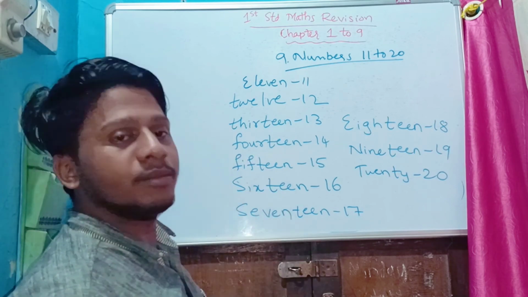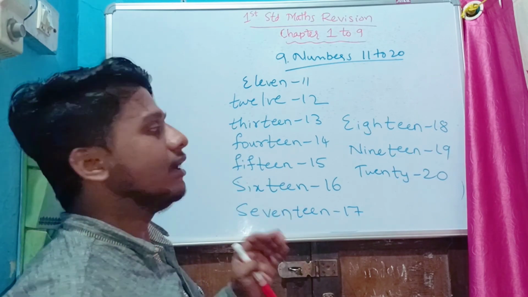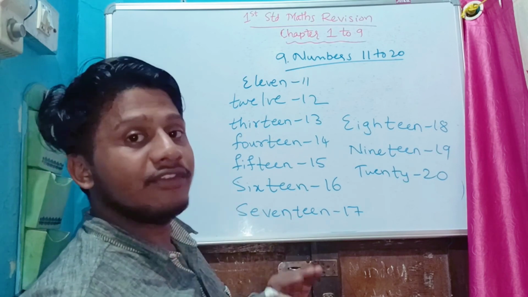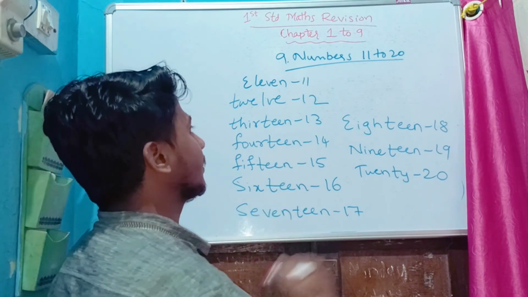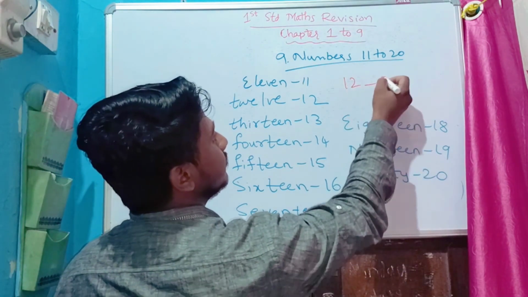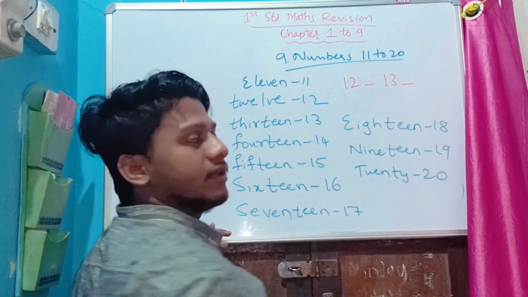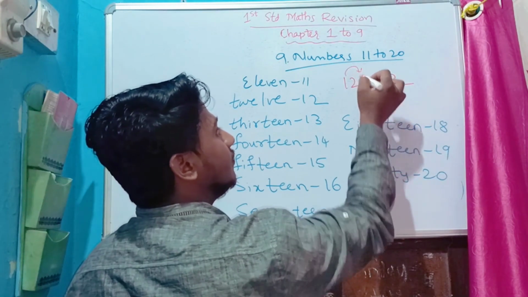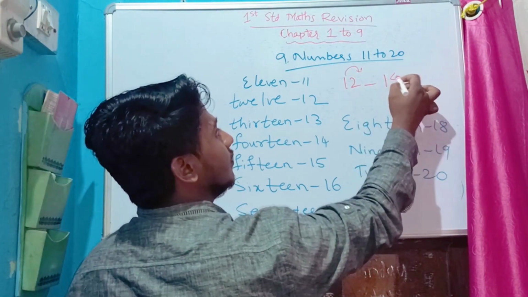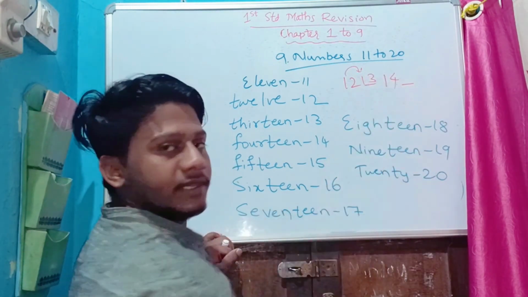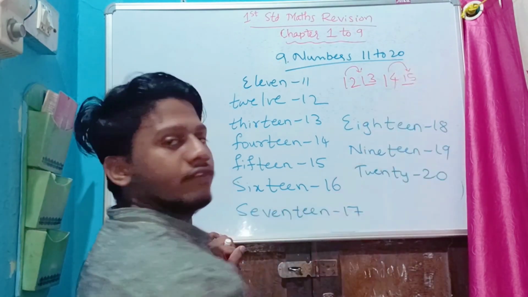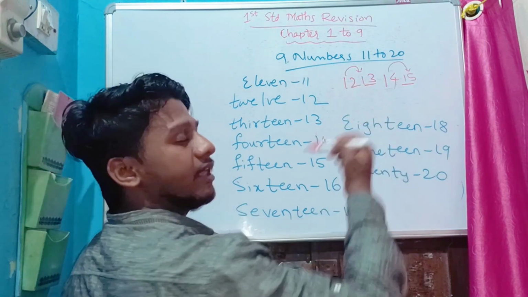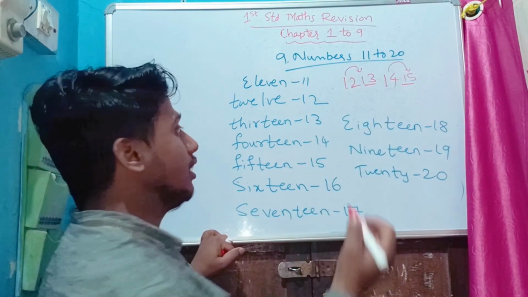With this you should be able to write the after and before. Consider an example here. After 12, 13. Yes. After 14, we'll have 15. The same way, example I can write it like before.